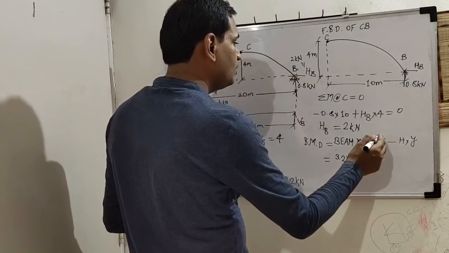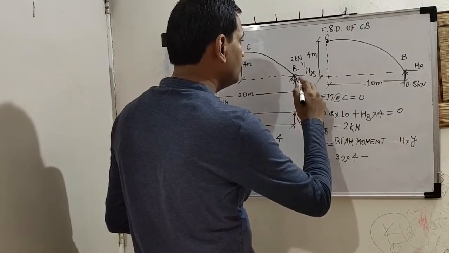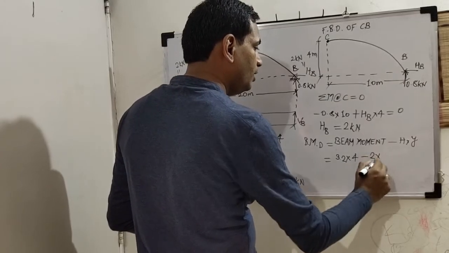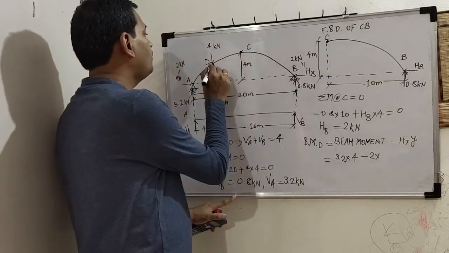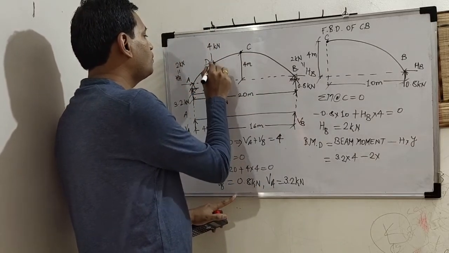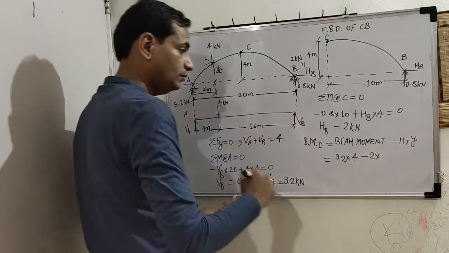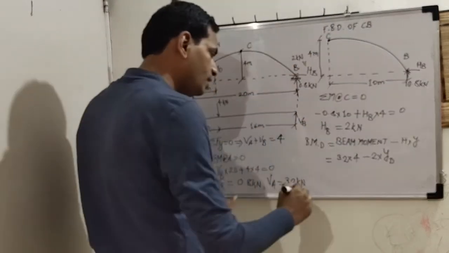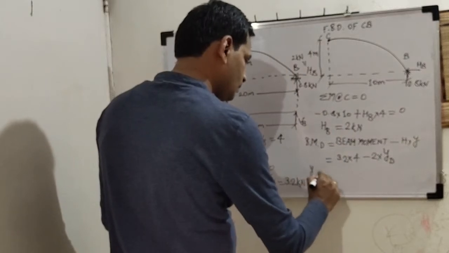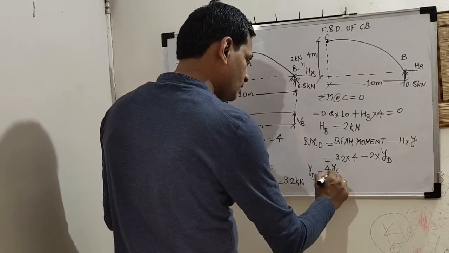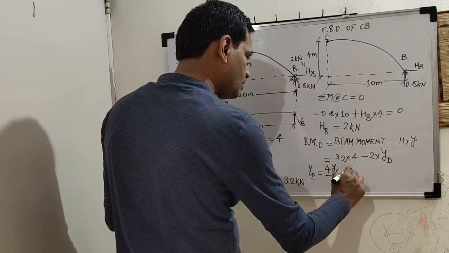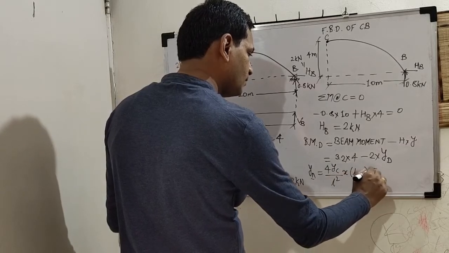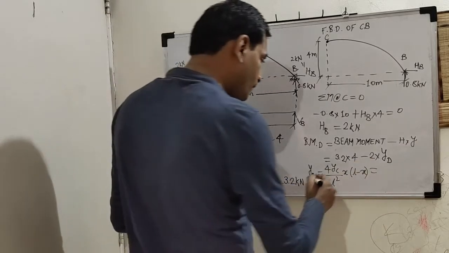Minus H, H is 2, into Y. What is Y? We want YD, this ordinate. So what is YD? 4 YC upon L square into x into L minus x. Substitute all the relevant values.